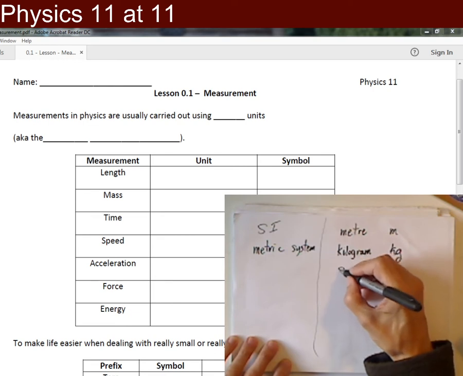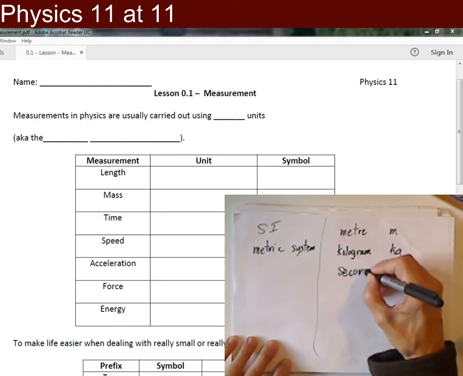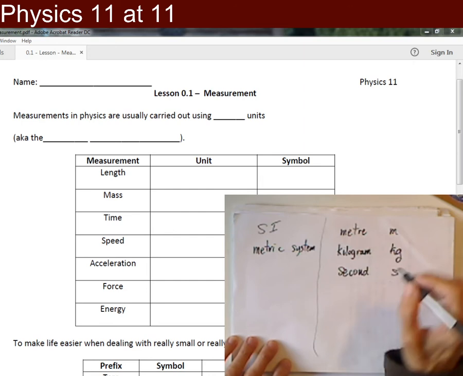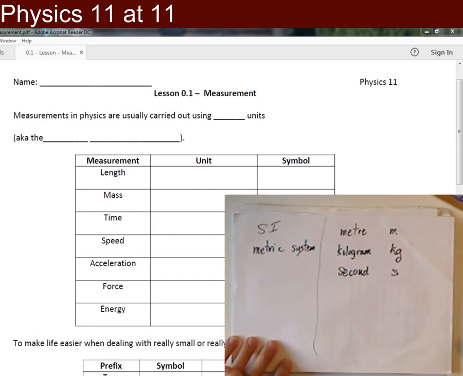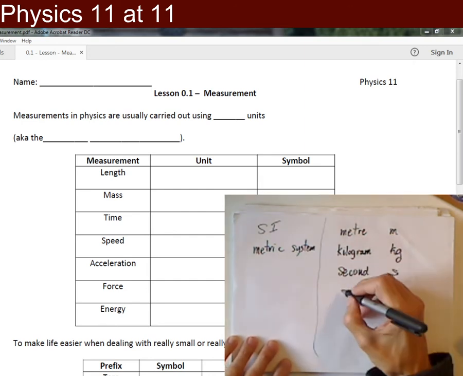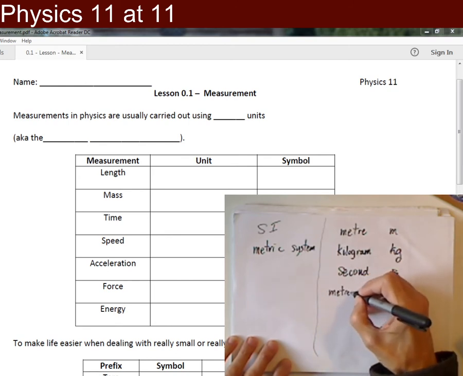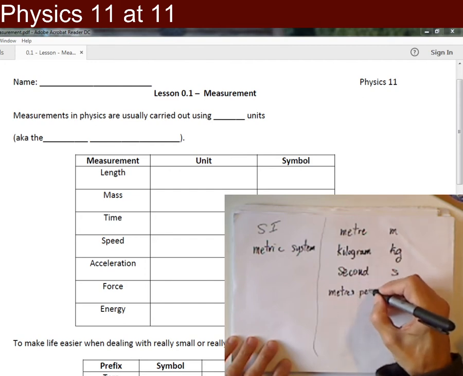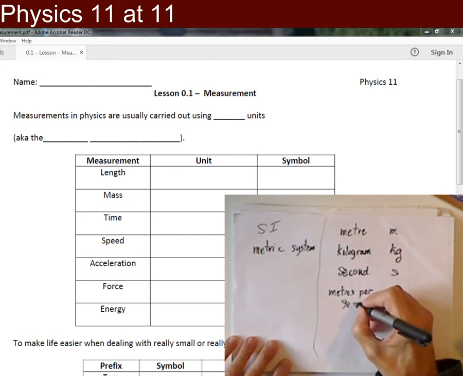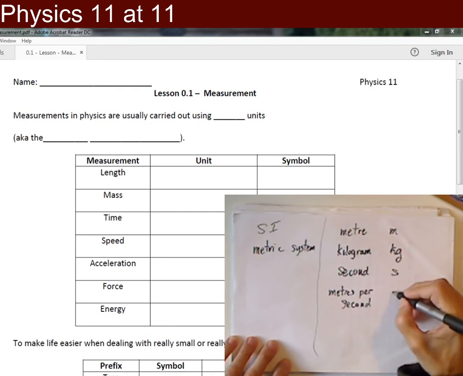For time, the basic unit is second, and that will have a symbol of s. For speed, this will be in meters per second. And the symbol, oh, it just looks like that. Meters per second.